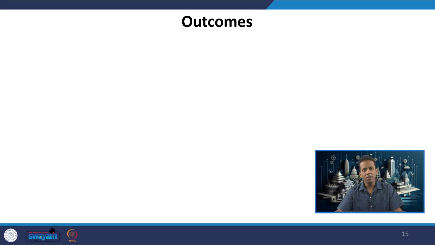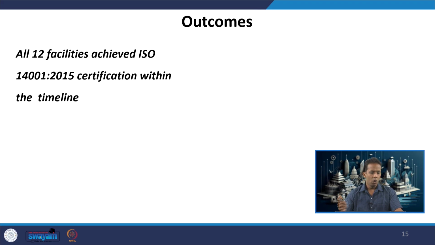During those 4 phases, they carried out certain key initiatives, and the outcome of the entire exercise was that all 12 facilities of Tata Steel achieved ISO 14001 certification within the specified timeline. And though getting that certification is an achievement, there were several benefits.